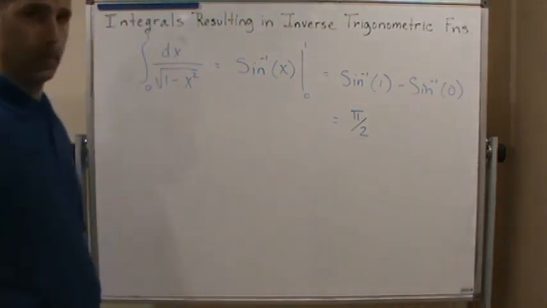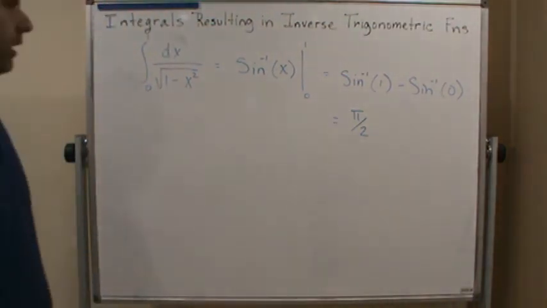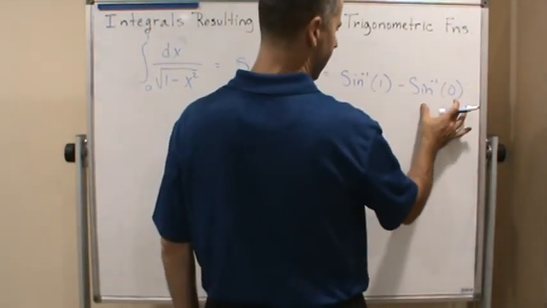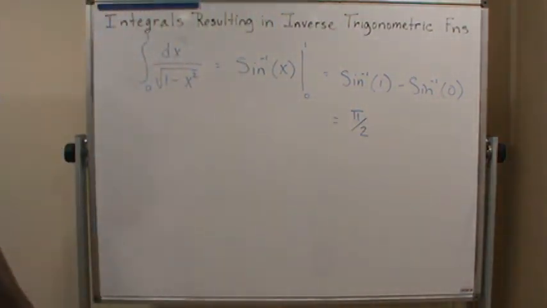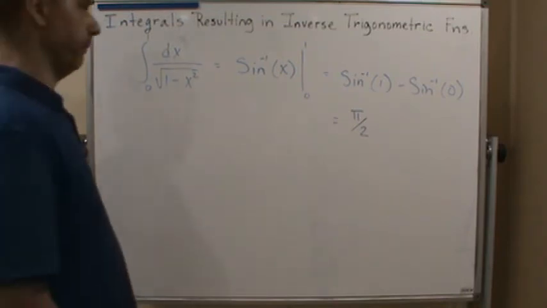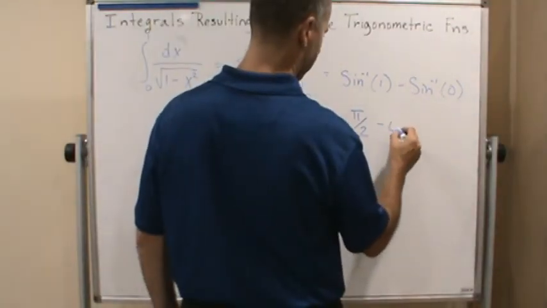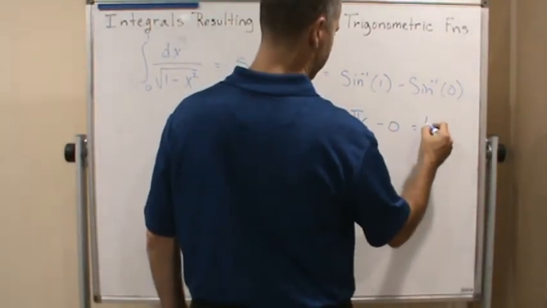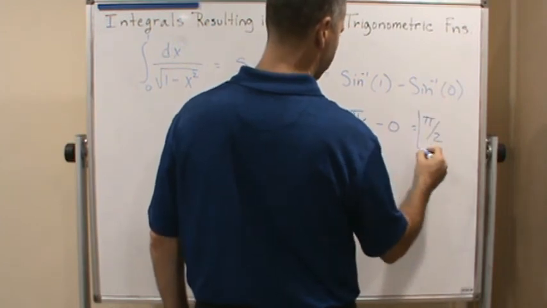Pi over 2, right? And then here, we ask ourselves, the sine of what angle gives me 0? And that's 0. And so the answer is pi over 2.